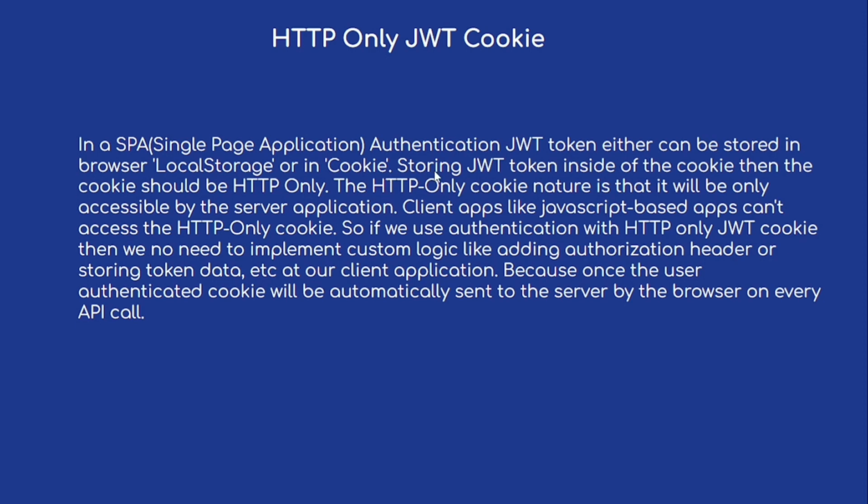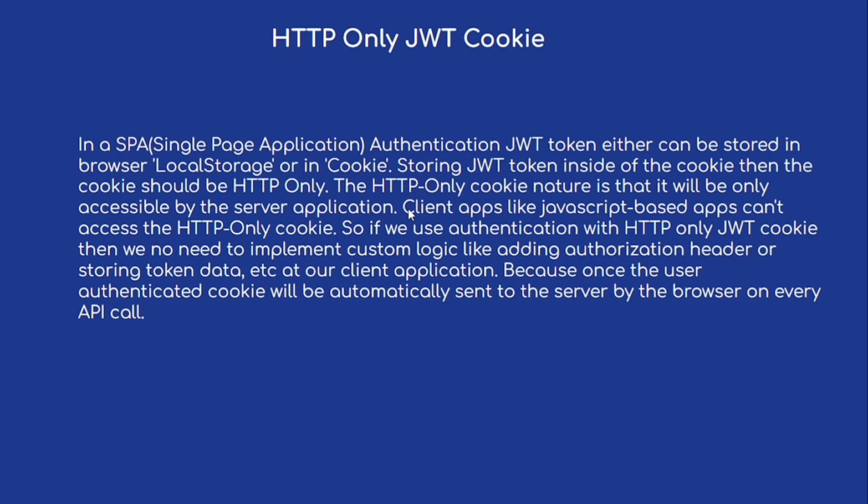If we store the JWT token inside of a cookie, then the cookie should be HTTP only. So what is HTTP only? An HTTP only cookie is only accessible by the server application.